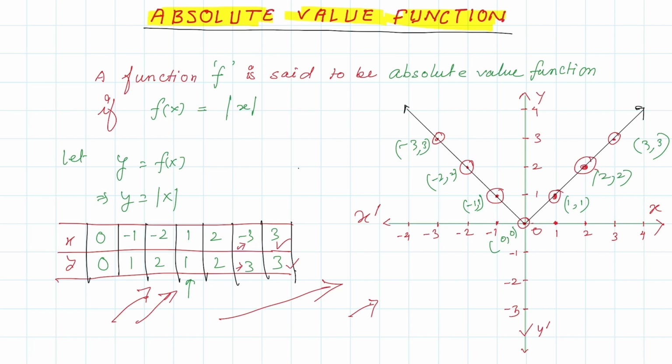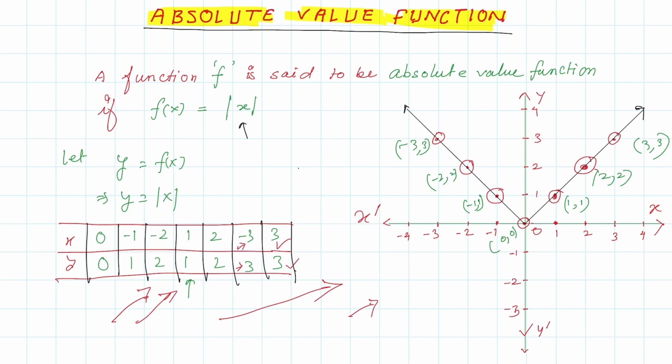So this is how we can draw the graph of the absolute value function. Here you see we can put all the real numbers here. Okay, we can put all real numbers, it doesn't matter what you put here, you will always get a positive value.